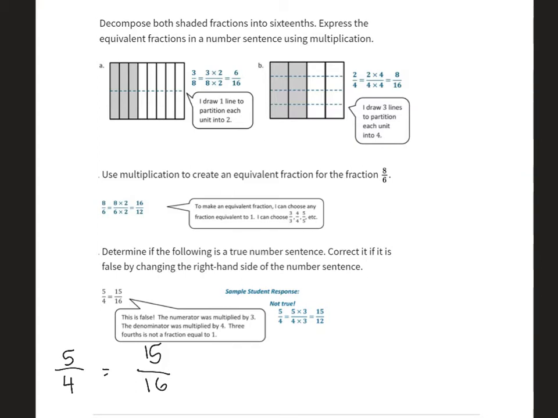So for example, they said, okay, 4 times what gives you 16? 4 times 4. And 5 times 4 is not 15. 5 times 4 is 20. You also could have said, okay, 5 times what gives you 15? 5 times 3. And 4 times 3 does not give you 16. So either way, it's false. So that's the new learning.